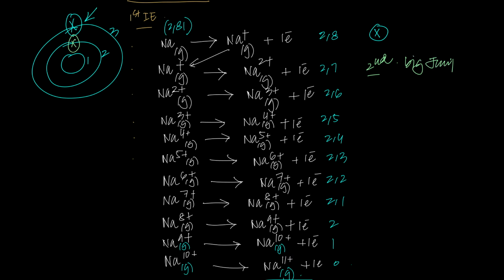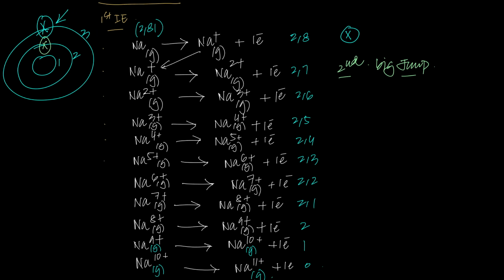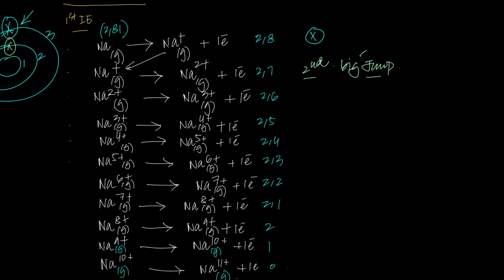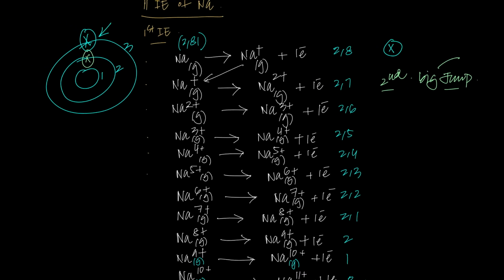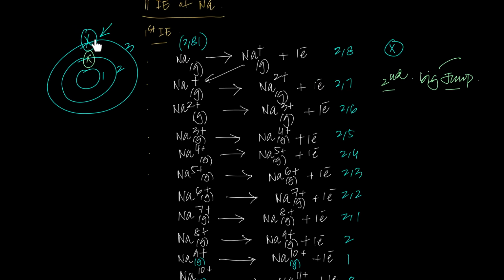And how did Erwin Schrödinger explain that big jump? Well, he explained it by using the idea that there must be two different principal quantum numbers. There must be two different shells. So why is there a big jump between the first ionization and the second ionization energy? Because the second electron right here must be removed from a shell which is closer to the nucleus compared to this stuff right here.